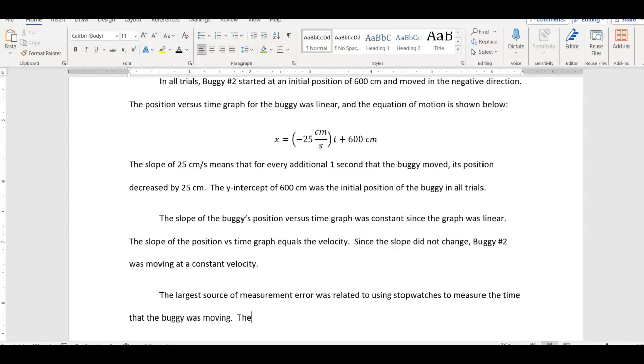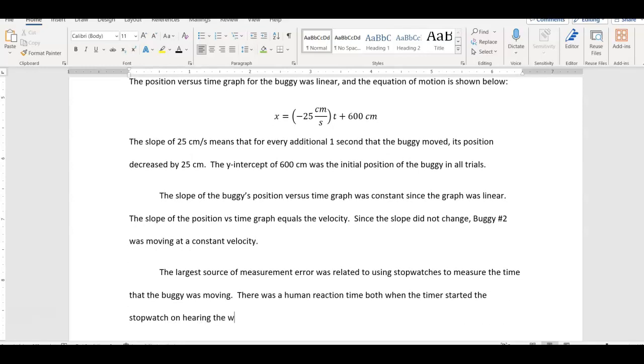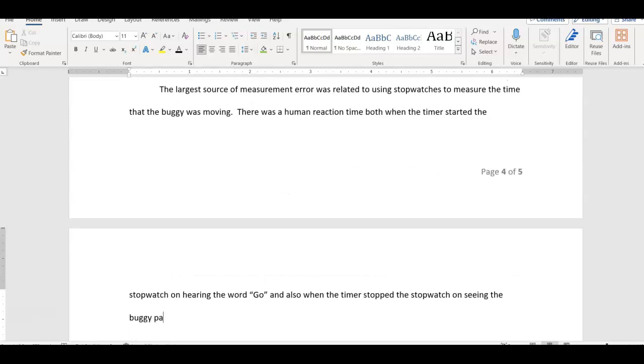Let's say there was a human reaction time, both when the timer started the stopwatch on hearing the word go, and also when the timer stopped the stopwatch on seeing the buggy pass the final position.